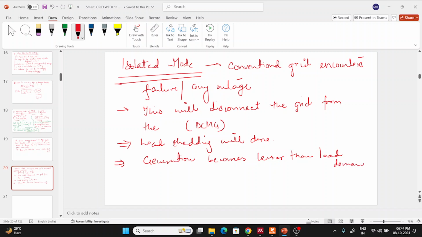That is why we will do load shedding, and after load shedding we will deliver, or I would say discharge, our batteries. Okay. That is the thing.